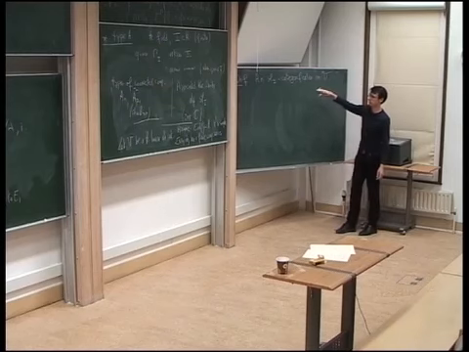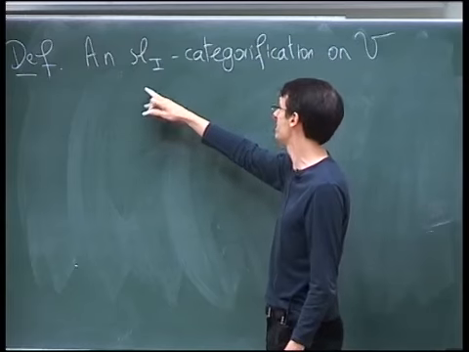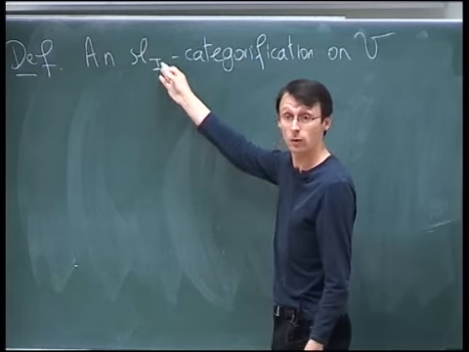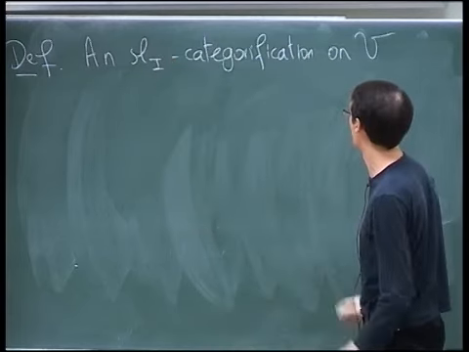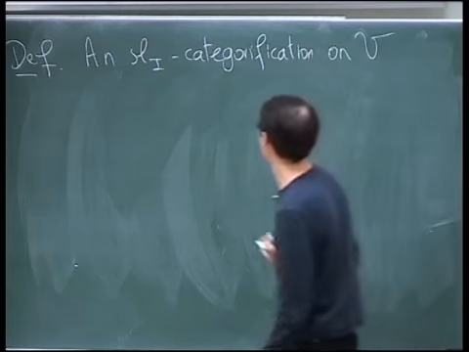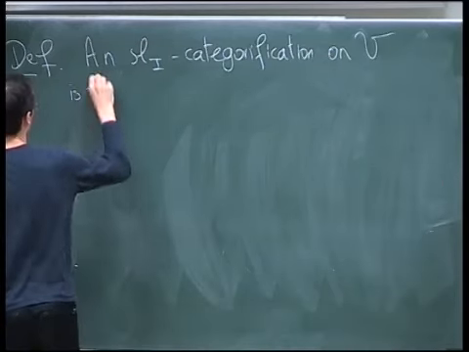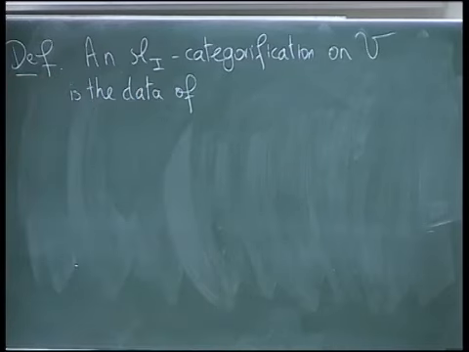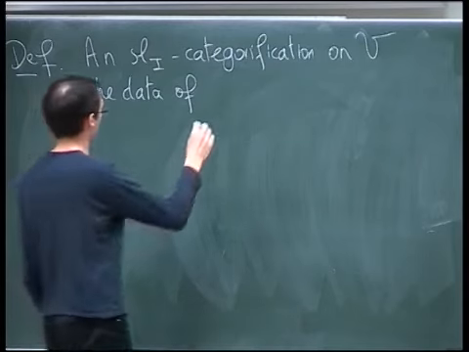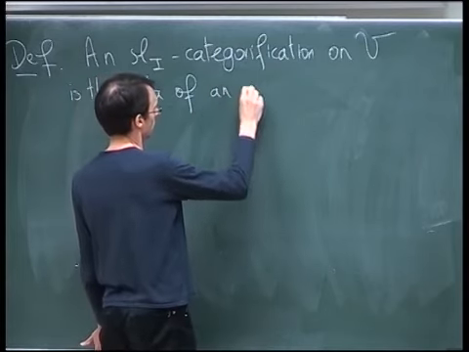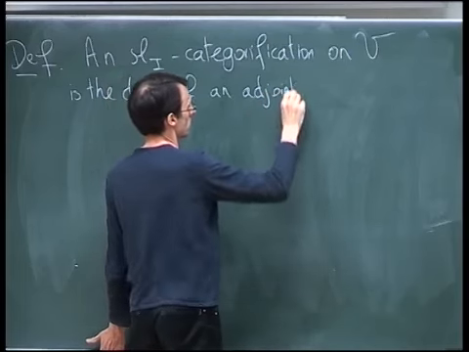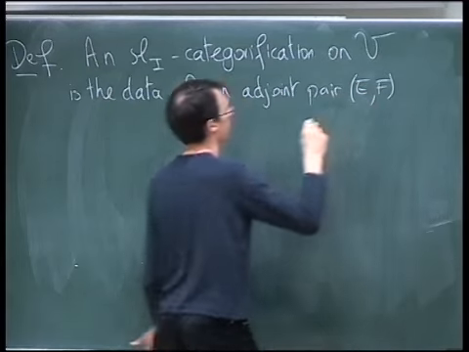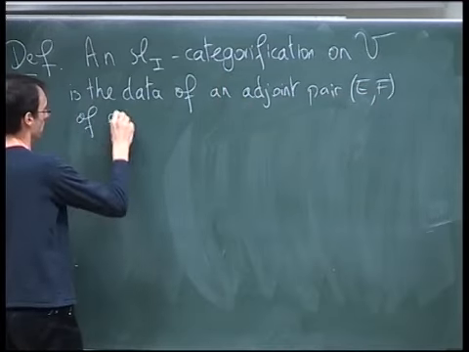So now I'm just restating last week's definition, which was done for SL2. I'm doing it in a slightly more general case because it's somehow easier and fits better in the framework. It is the data of a pair of adjoint functors, an adjoint pair E, F of exact functors.